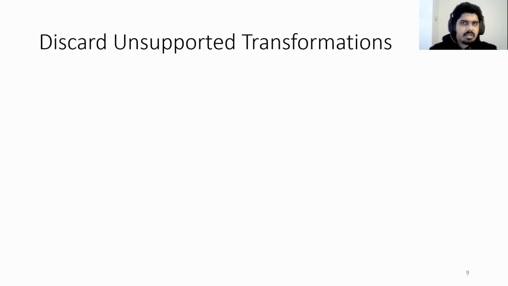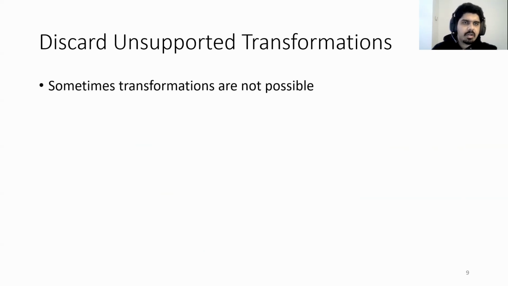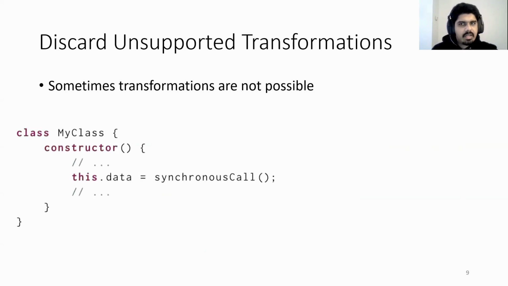The next step is to discard the transformations that we do not support. In some cases, it may be impossible to transform some code, or we may not support that particular transformation at this time. An example of this would be a function being called within the constructor of a class. In this example, we have a call to a synchronous function that assigns some value to this.data.